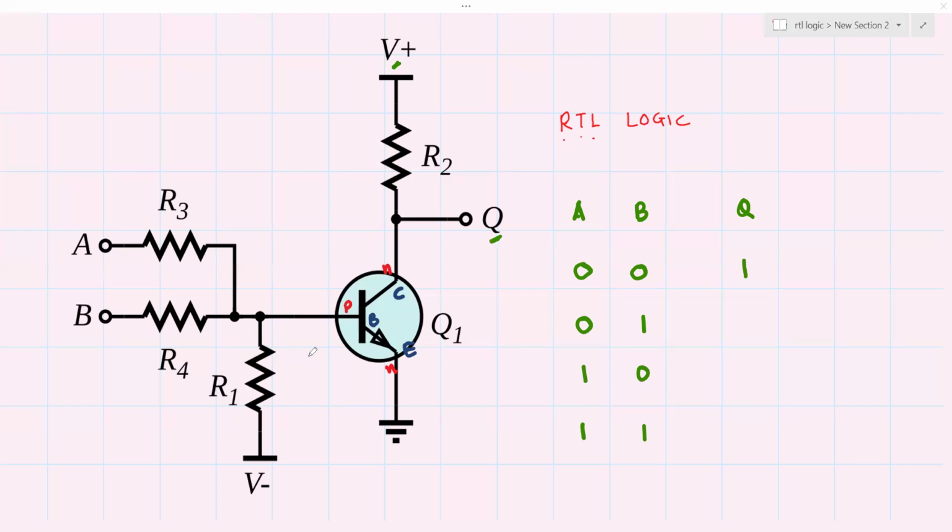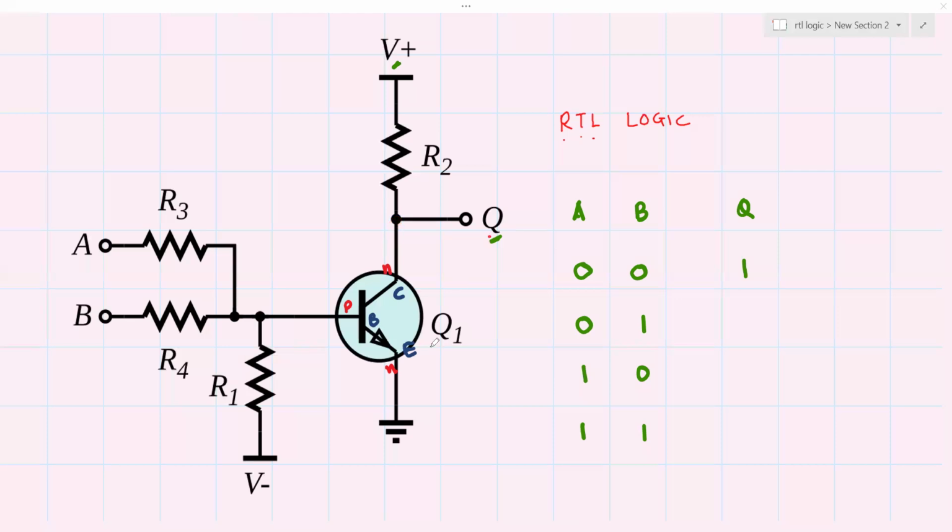Since VBE is greater than or equal to 0.7 volt, which is the forward voltage drop of the transistor here, the transistor is switched on. You have a base current flowing here, and therefore there is collector current flowing through the resistor R2. There is a significant voltage drop across R2, giving a logic 0 volt.